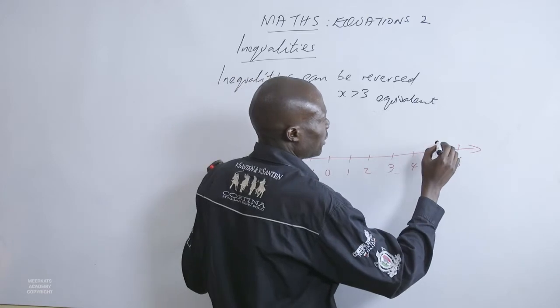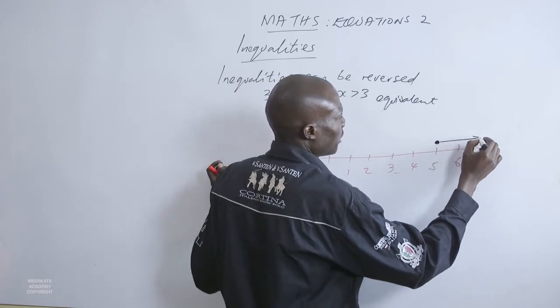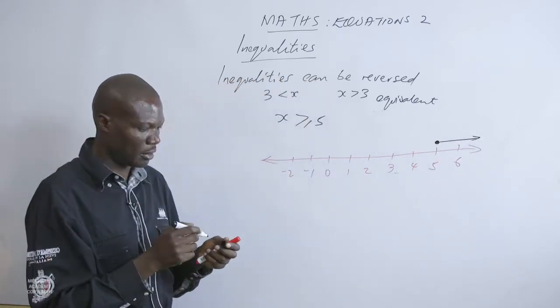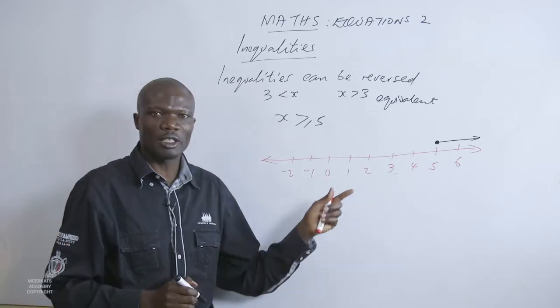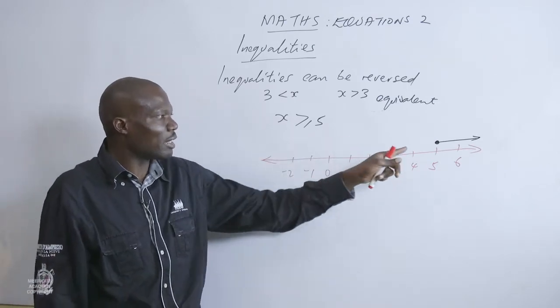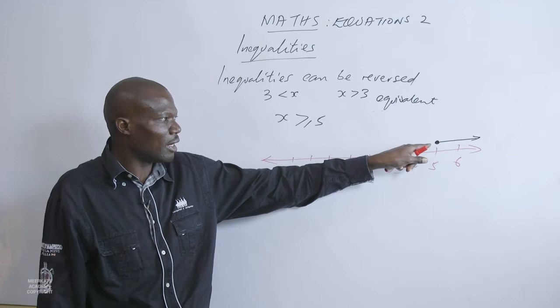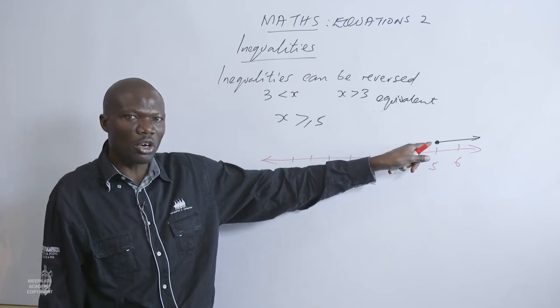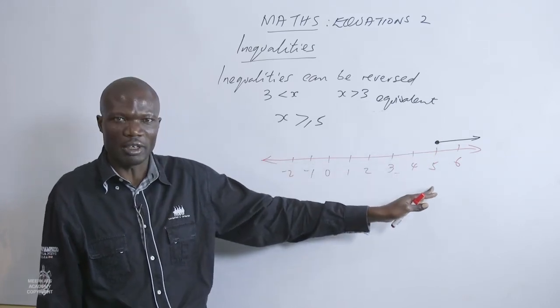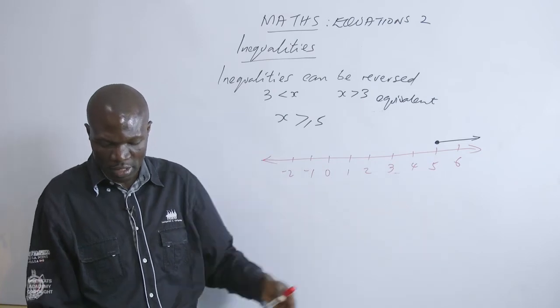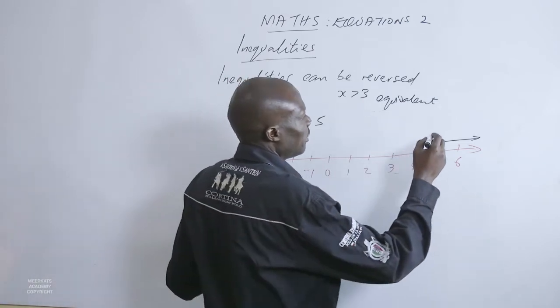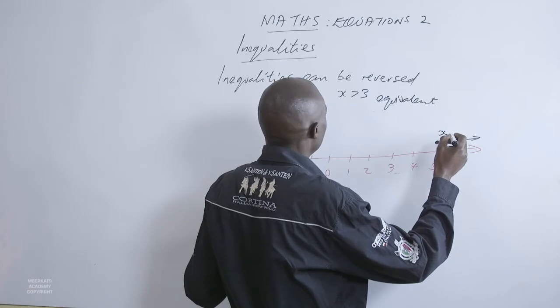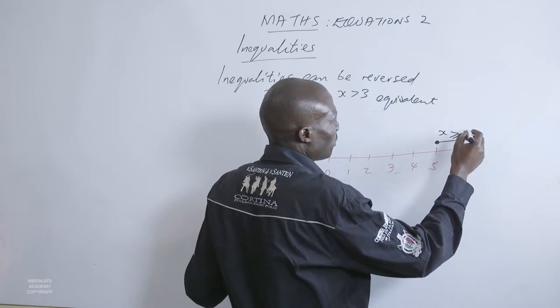And then the direction it takes is this direction. That statement tells us that x is equal to or greater than 5. And you write there, x is greater than or equal to 5.